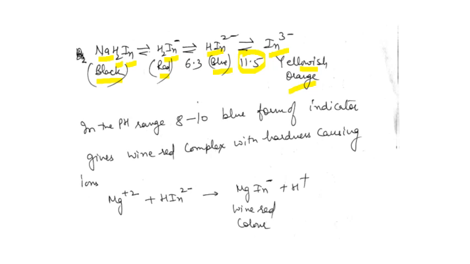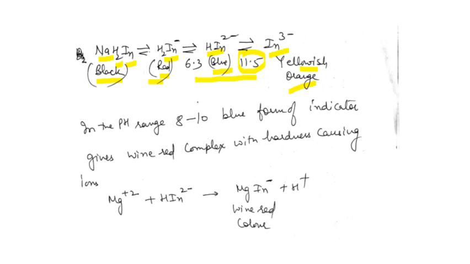In between 6.3 and 11.5 we have the blue form of EBT, and below 6.3 in the acidic medium we have the red ionic species.